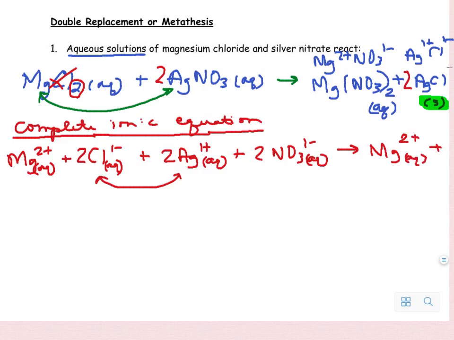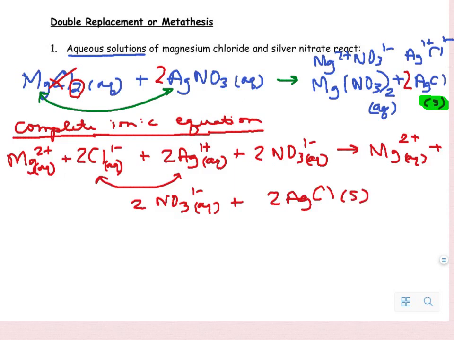You're going to have, keep going across the page if you have room, 2 nitrates that are aqueous. And you're going to have the AgCl, which is a solid which does not split apart, and that stays together as a unit. And that's a complete ionic equation.